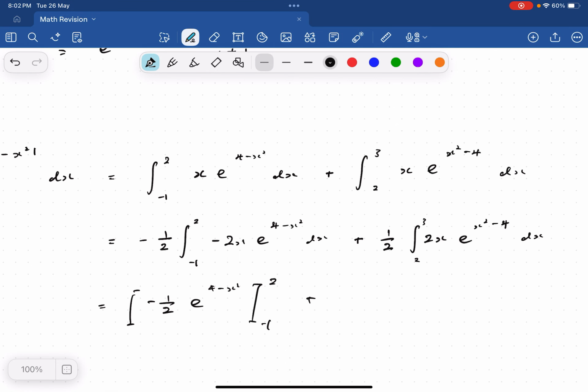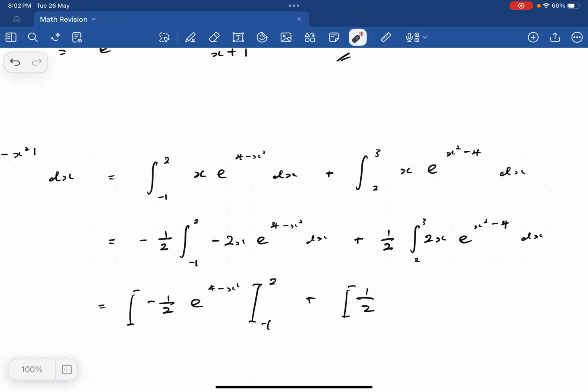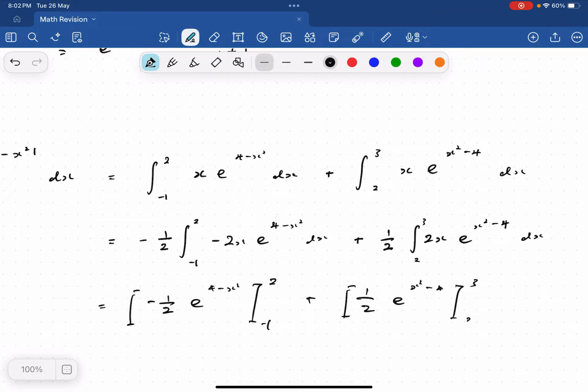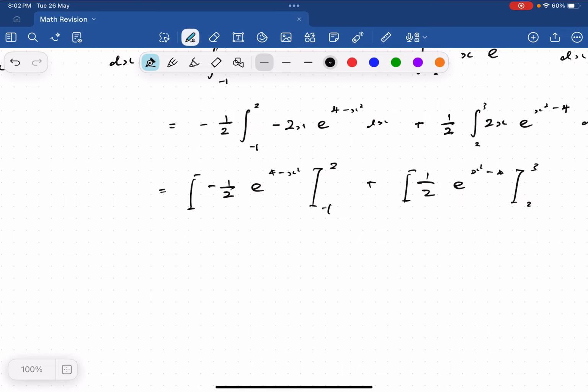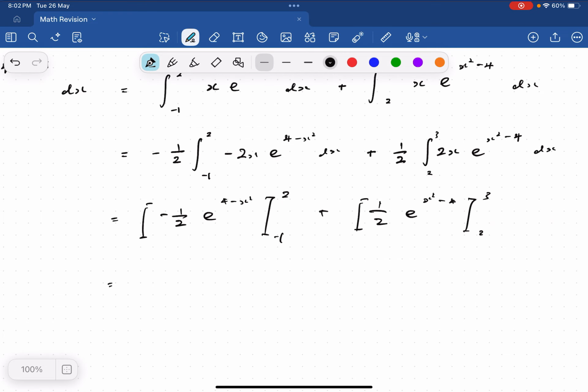And then likewise, half, this term just completely disappears, so just e^(x squared minus 4). And then you can sub in. If you sub this in, you will eventually get the following answer. Check your answer, pause the video to check your subbing in if you have to, but you should somehow get half e cubed plus half e^5 minus 1.